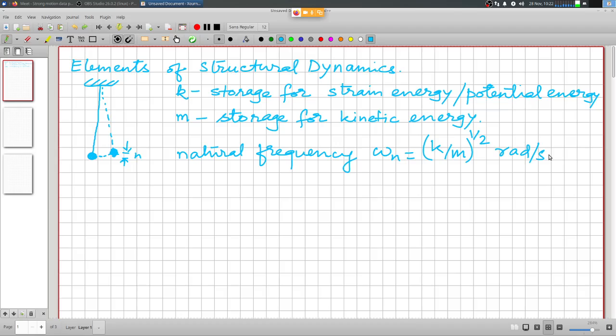So that is the resonance, and that has an important implication for engineering design. If the excitation frequency is close to the natural frequency, then the response amplifies dramatically. There might be several orders of magnitude increase in the response.